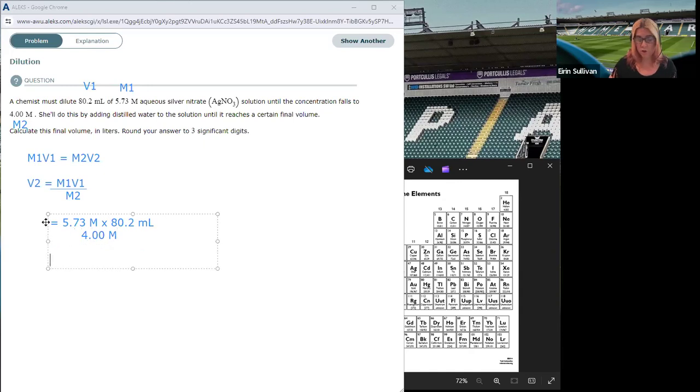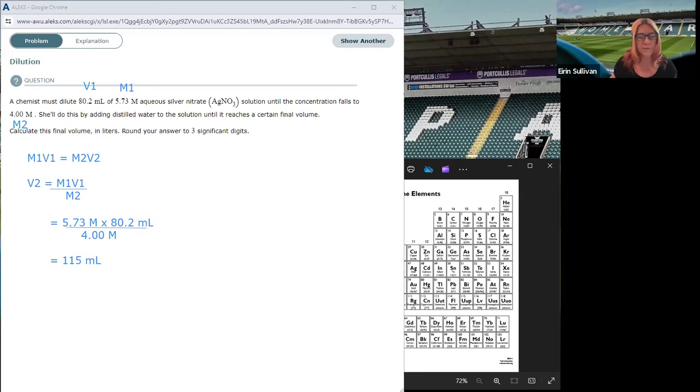My answer should be more than 80.2. If it's not, I've messed something up. 5.73 times 80.2 divided by 4 gives me 114.88 and so on. That's in milliliters. We're asked for 3 significant digits, so 115 milliliters will be my answer.